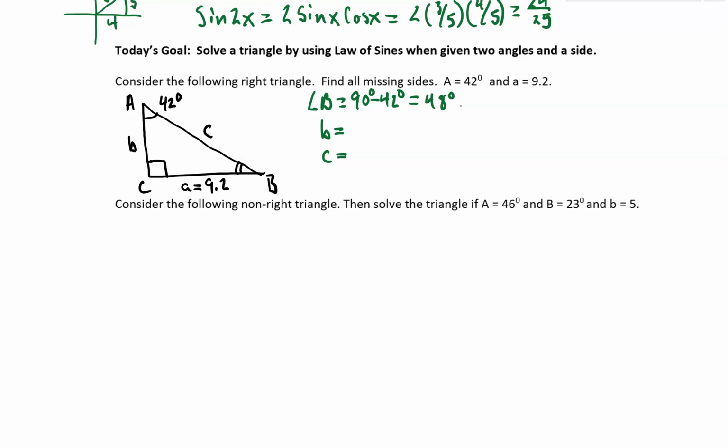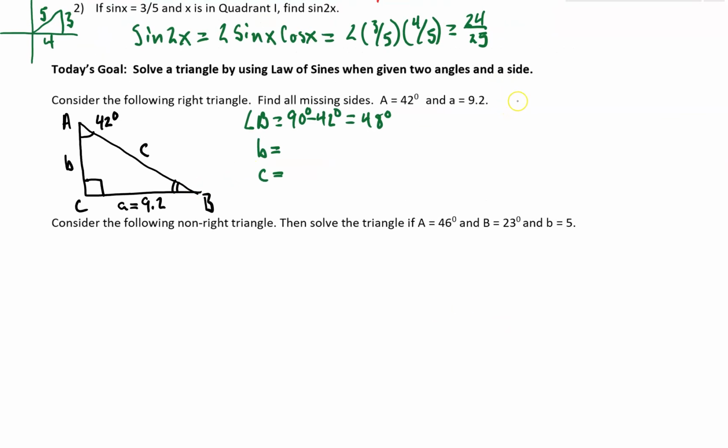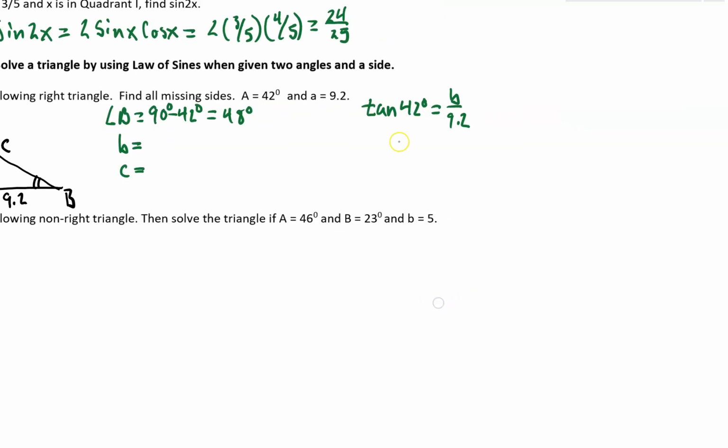Then side lengths, well now if I just start from A and solve this out, we're going to say that we're looking for the side opposite, and I know the side adjacent. So this would be a tangent situation. Tangent 42 degrees is equal to the opposite, which is b, over the adjacent, which is 9.2. And now, solving this out, b is going to be 9.2 times tangent of 42 degrees.